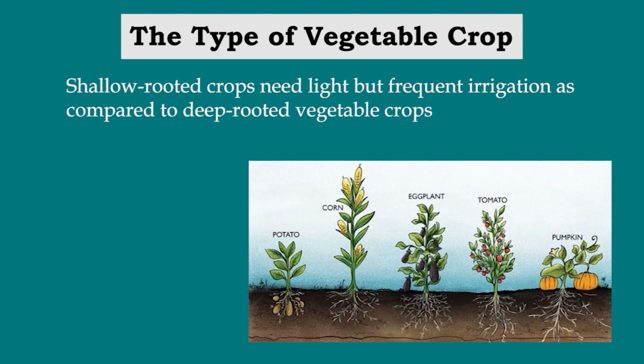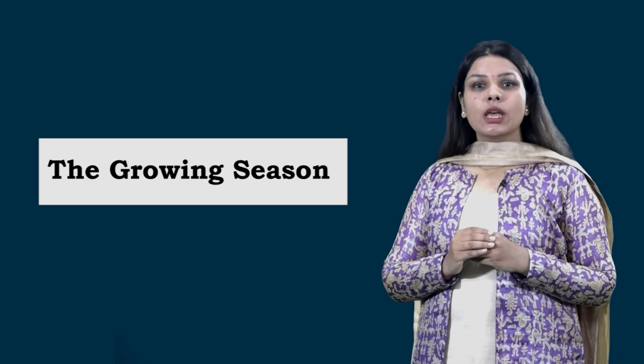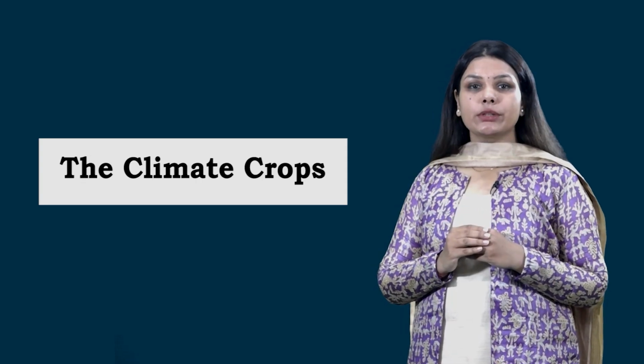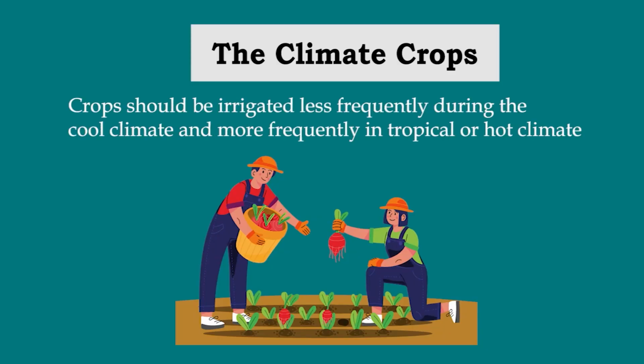First, the type of vegetable crop. Shallow-rooted crops need light but frequent irrigation as compared to deep-rooted vegetable crops. Second, the growing season. Summer vegetable crops need more frequent irrigation than winter crops. Occasionally, the rainy season crops also need irrigation. Third, the climate. Crops should be irrigated less frequently during cool climate and more frequently in tropical or hot climate.